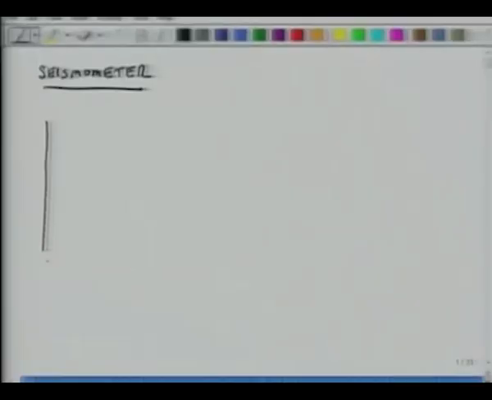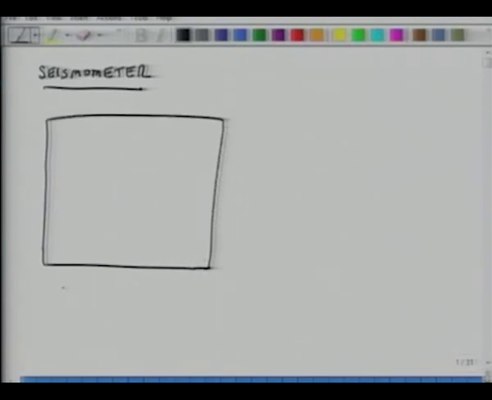Let's consider that this is a structure, and it is rigidly connected to ground, and let's say the vibrations in the ground are y. The construction of seismometer is something like this.